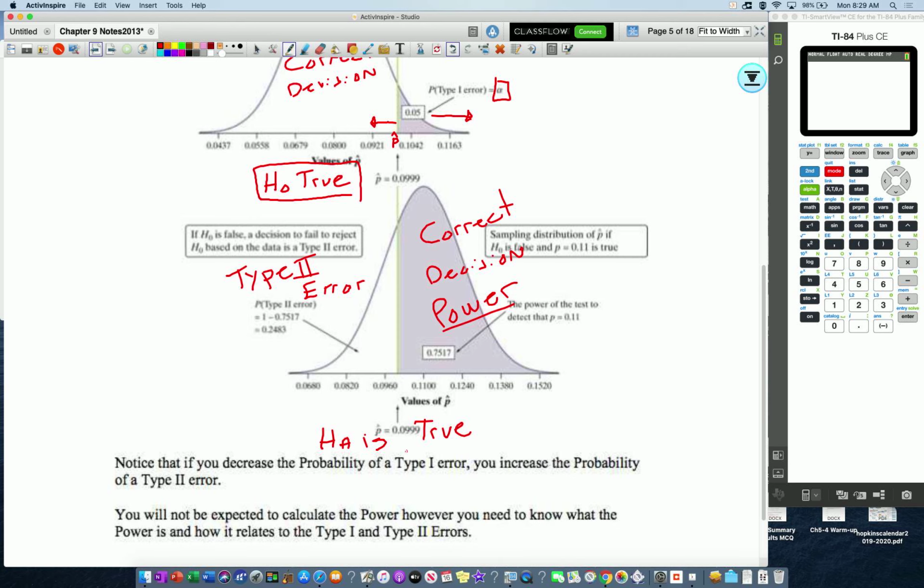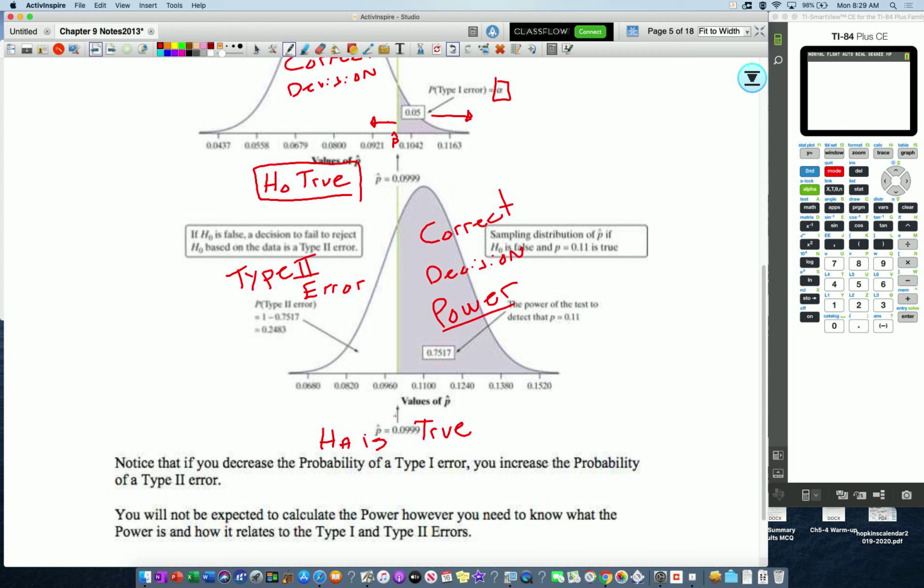So we now get ourselves a normal curve here, based off of what we think the alternative should be. Now, if we assume the alternative is true and we reject the null hypothesis, we are actually making the correct decision. This is what we call the power. Basically, you reject the null hypothesis given the alternative is true.